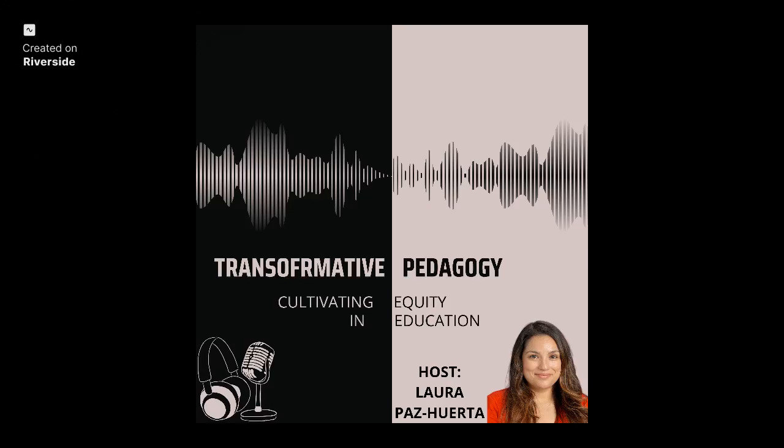In fact, only 27% of EL students scored at or above the proficient level in reading on the National Assessment of Educational Progress. And this study was done back in 2019, compared to 42% of non-EL students.